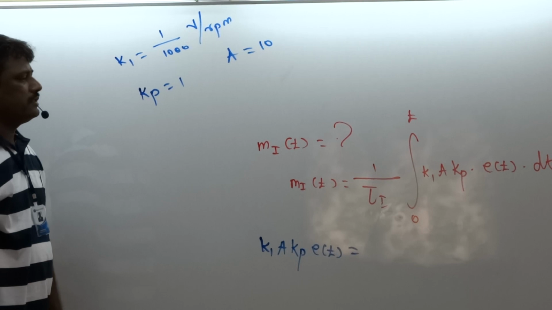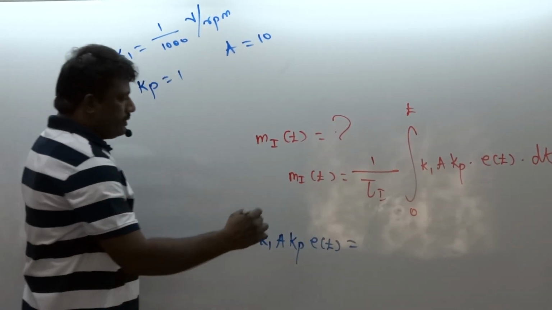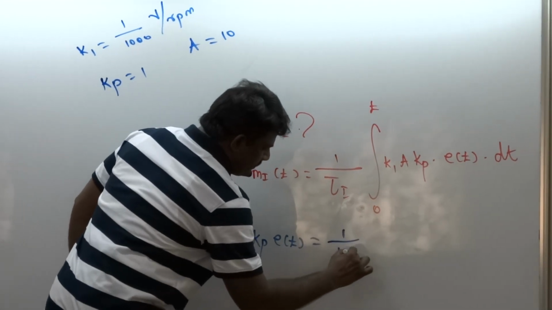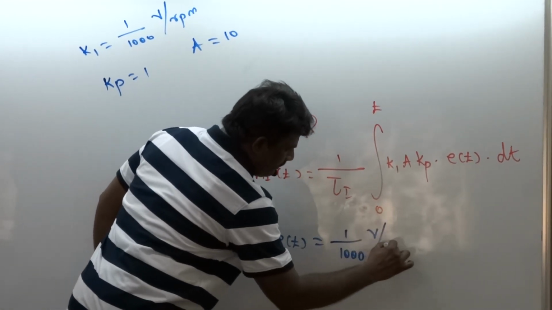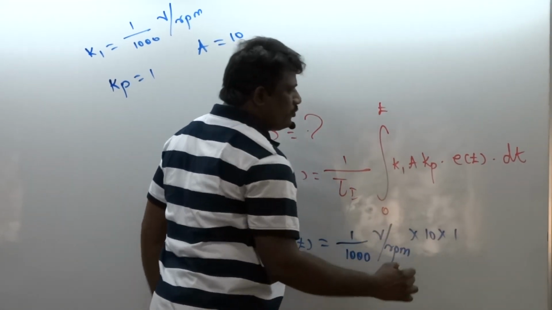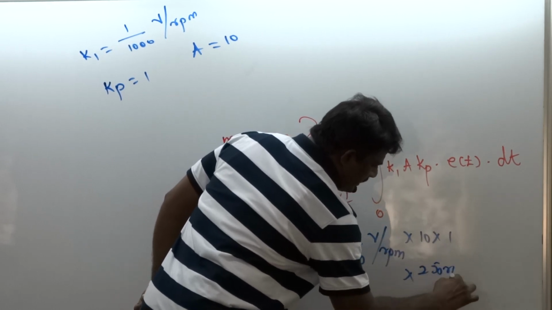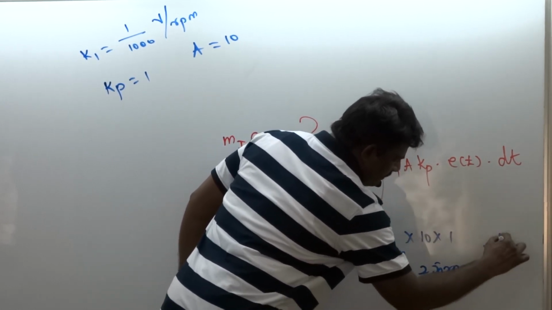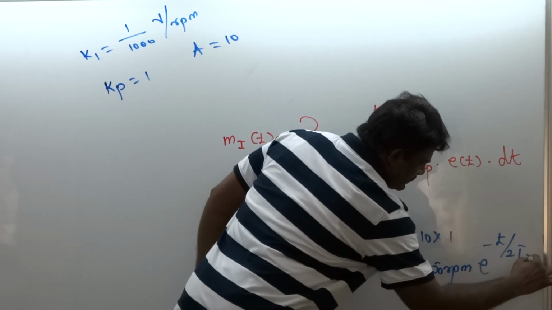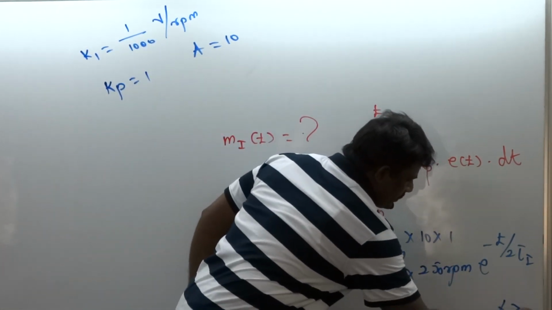Okay, multiply this along the error signal. Putting K1 is 1 by 1000, Kp is 1, into the error signal, that is 250 RPM into e power minus t by 2 tau. It's valid for t greater than or equal to 0.